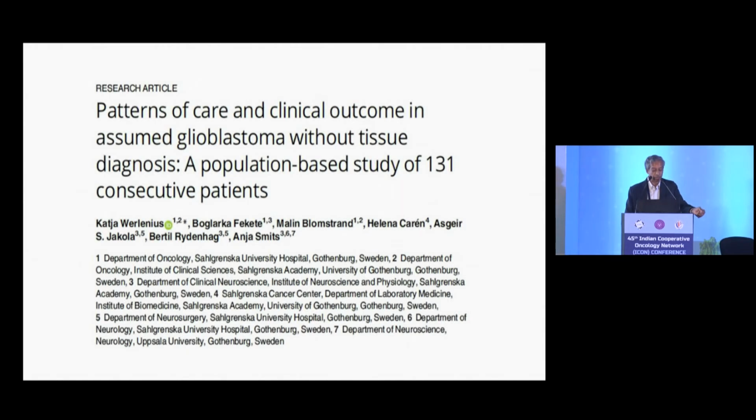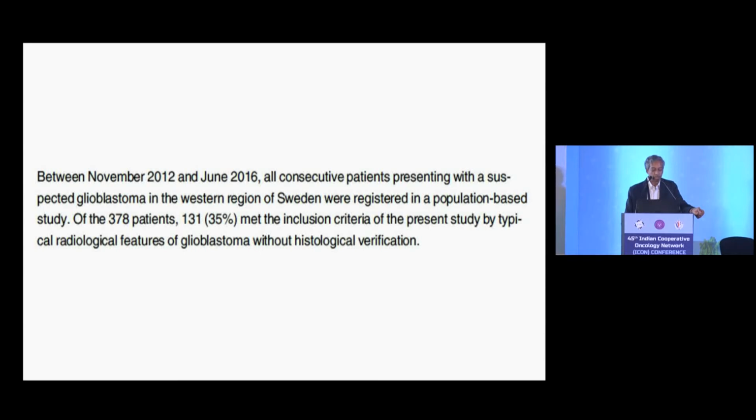So this was one paper which is published talking about patterns of care and clinical outcome in assumed glioblastoma without tissue diagnosis, a population-based study of 131 consecutive patients. This paper looked at data from November 2012 to 2016, all consecutive patients presenting with a suspected glioblastoma in the western region of Sweden.